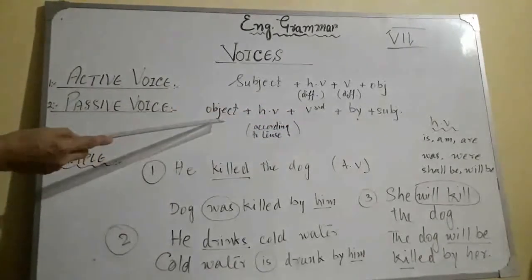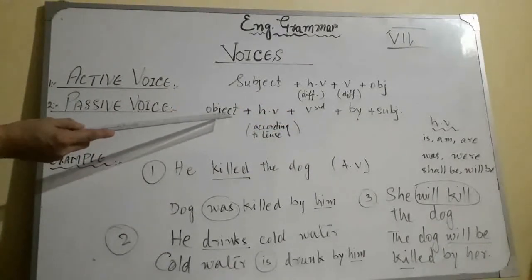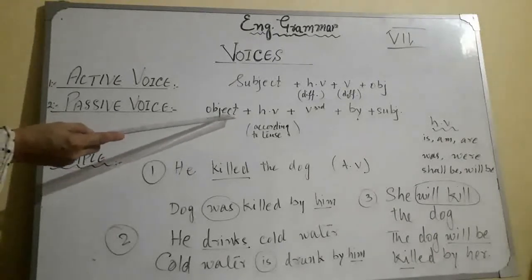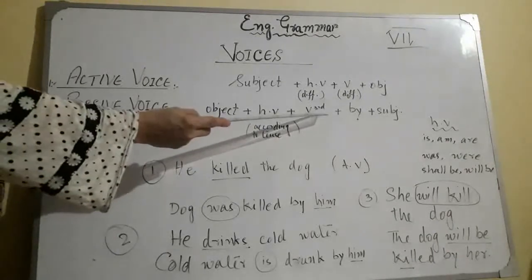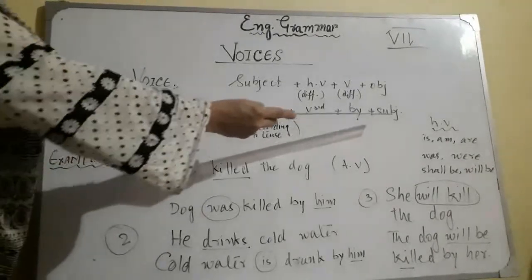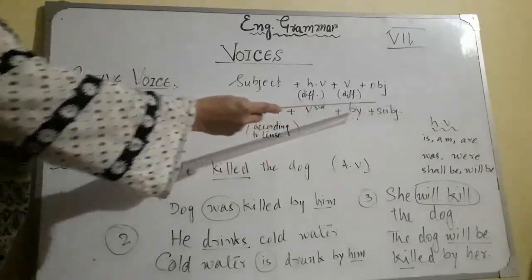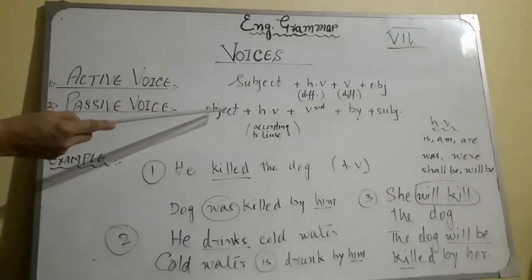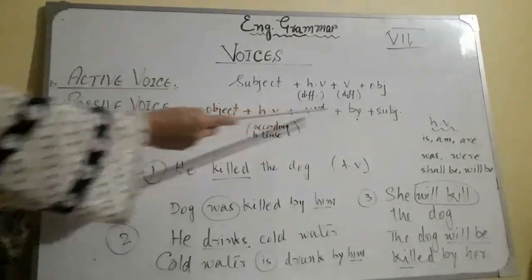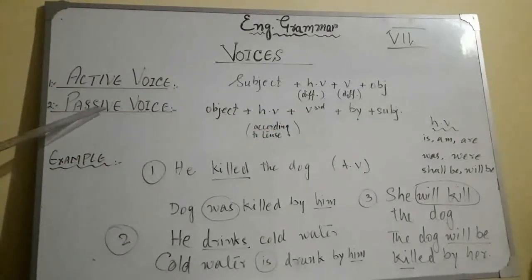So in the passive voice formula we have 5 things: object, helping verb, third form of verb, preposition by and subject. In all the tenses this formula will remain the same in case of passive voice.